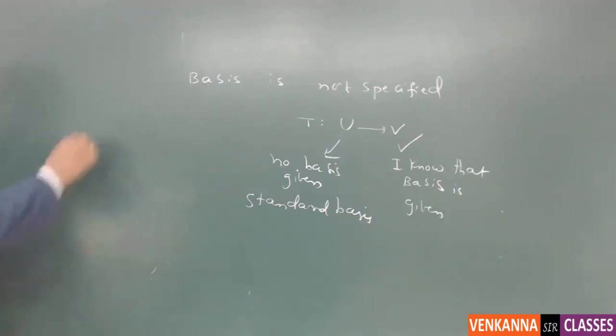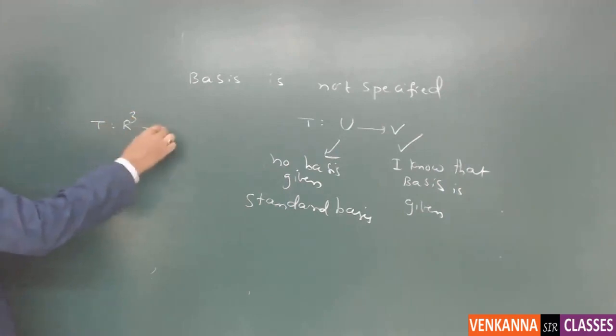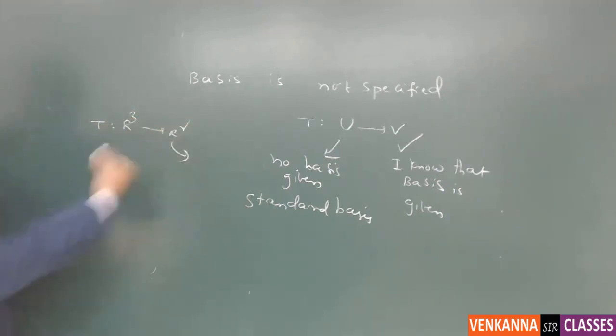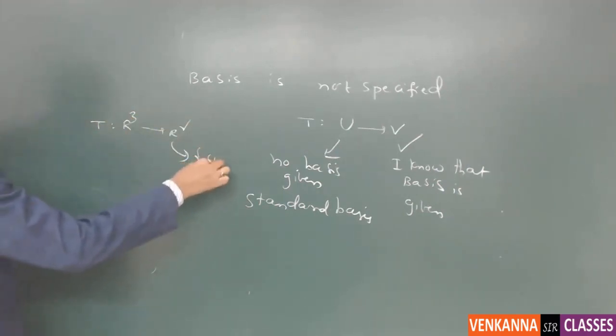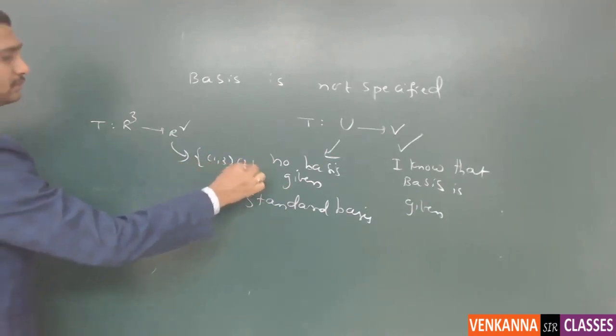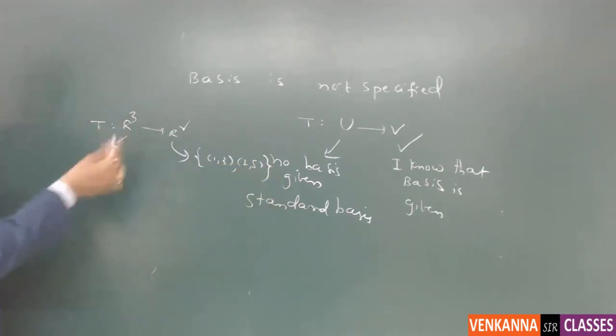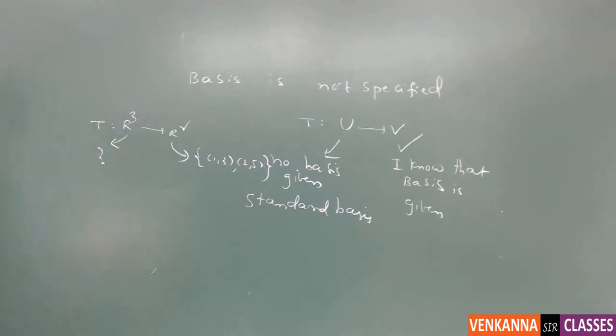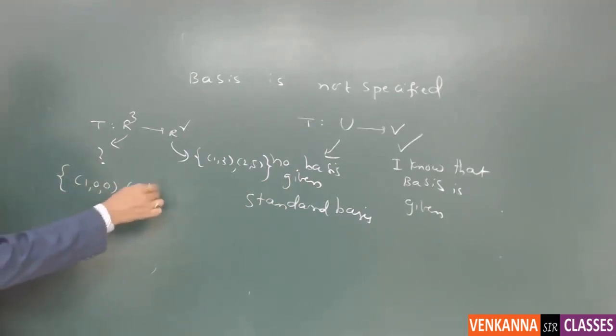If I say T from R cube to R square, for this I have given a basis that 1, 3, 2, 5. For this, I didn't give any basis. In such cases, we consider the standard basis and we do the procedure as it is.